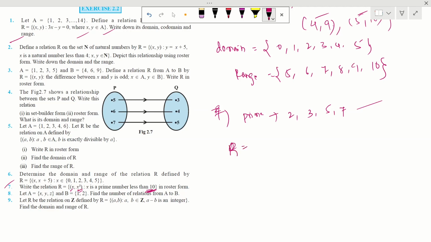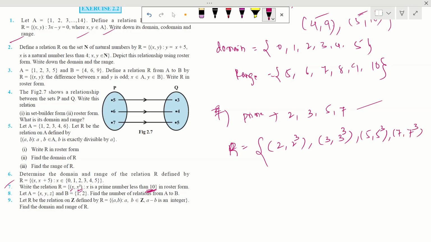Suppose I'm writing the relation. When we put the value 2, the y value will be x cube, which means 2 to the power of 3. When we put 3, the value of y will be 3 cube, and for 5 it is 5 cube, and for 7 it is 7 cube.